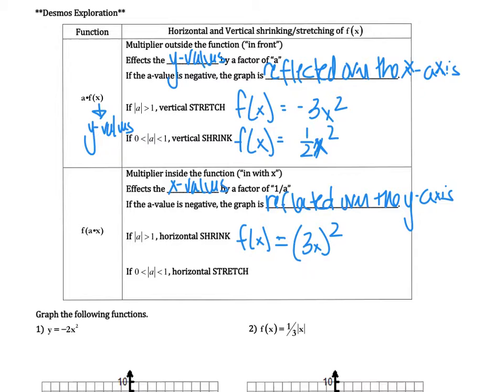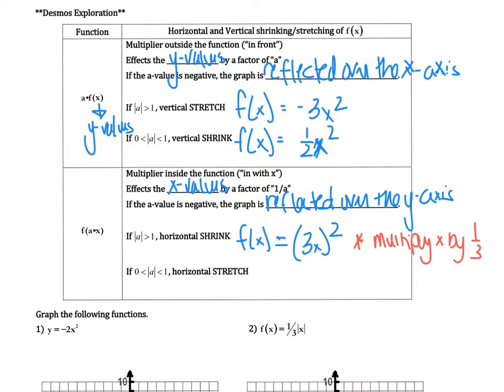So in this example, we would have a horizontal shrink because we would multiply all the x values by 1 over a. So we would multiply x by 1 over 3. Okay, so once again, that fraction is going to shrink me horizontally.